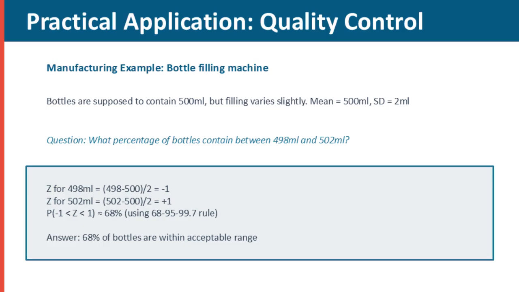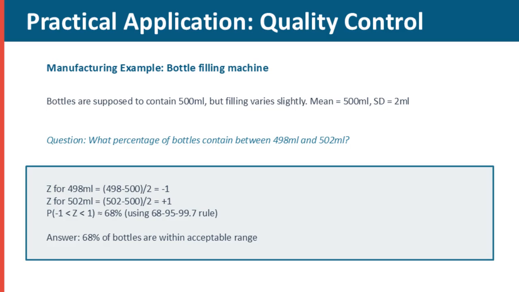Using the Z scores, for 498 ml, the Z score comes out to be -1. For 502 ml, the Z score comes out to be +1. So we are basically asking what percentage of data actually falls between Z equal to -1 and Z equal to +1.